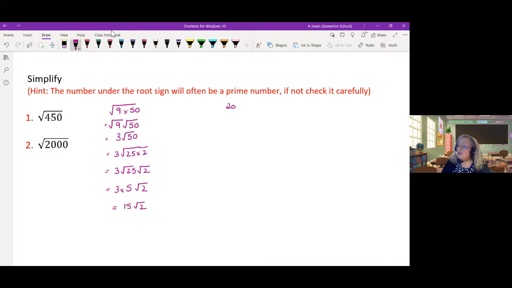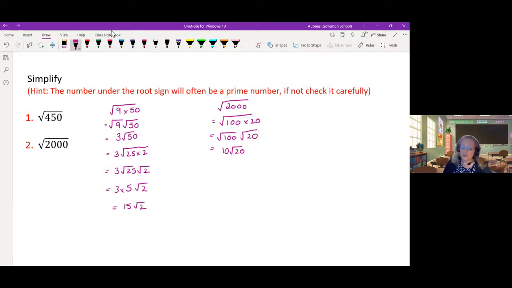For 2000, I can see that 100 goes into that. So I'm going to start by saying, well, that's the root of 100 multiplied by 20. So that gives me the root of 100 multiplied by the root of 20. So I've now got 10 root 20.